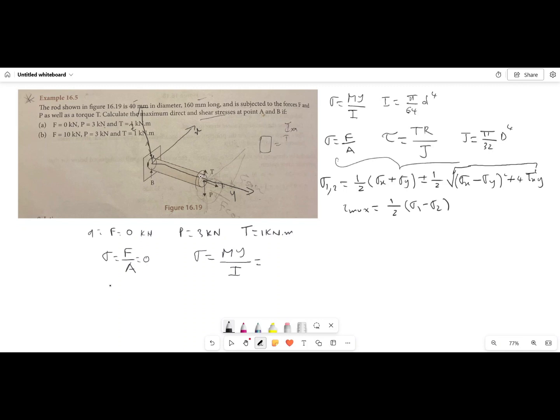The perpendicular distance to the force P, force times perpendicular distance, gives you the moment, which in this case is 3 multiplied by the length 160. So in meters, 0.16. The 3 kilonewton should be 3 times 10 to the power 3.